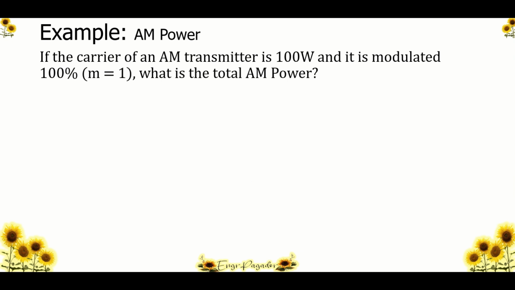Let's have an example to further understand the power distribution. If the carrier of an AM transmitter is 100 watts and it is modulated 100%, or M is equal to 1, what is the total AM power? First, before determining which formula to use, we write the given parameters.